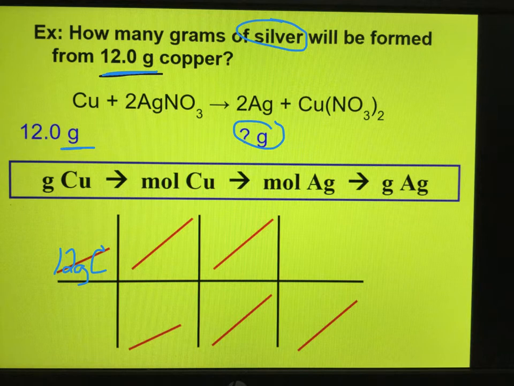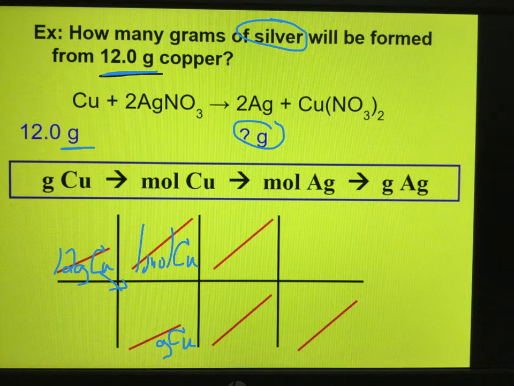Okay. So now, because you have copper right here, that means it must go down here so you can cancel the copper. And these grams are going to come from your periodic table because you're going to have 1 mole equals copper.